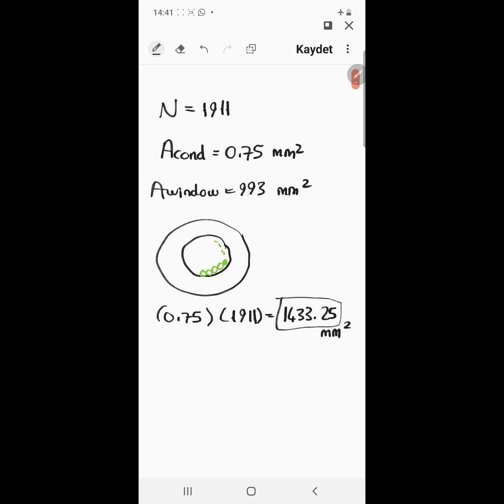This is the total area and this is the window area, because this window area is our limitation. Hence, the fill factor calculated for this question, which was 144%, is not possible to obtain in practice.